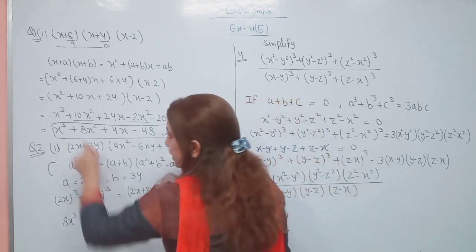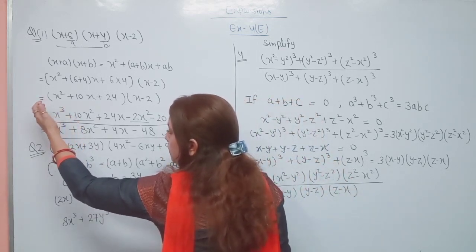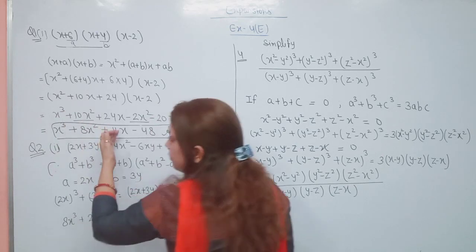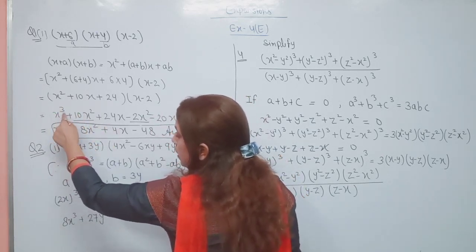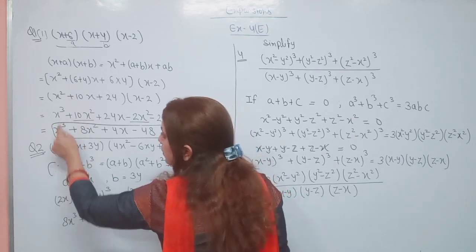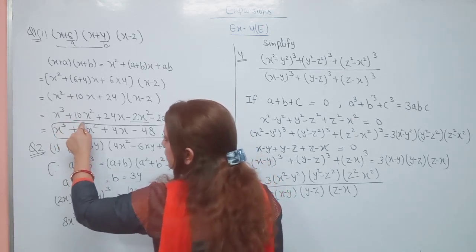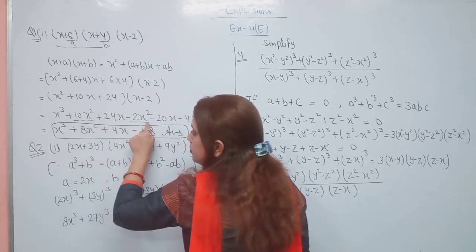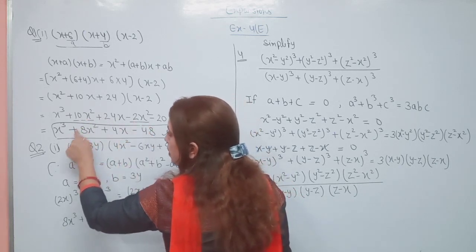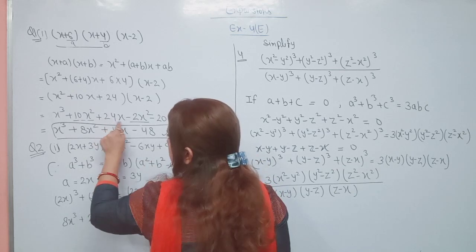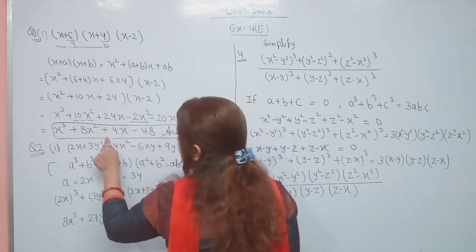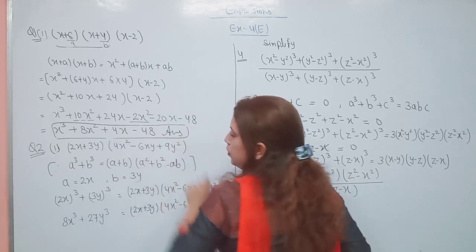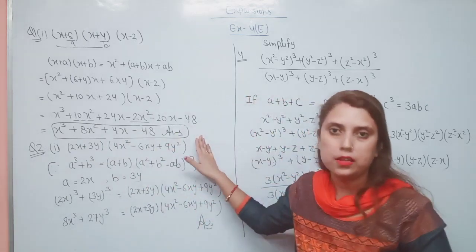After that we will arrange it in the decreasing form of degree of the variable. So the highest degree is cube, x raised to the power 3, then the square terms: 10x square minus 2x square will be plus 8x square. Now plus 24x minus 20x, that is plus 4x, and minus 48. So this is the answer.